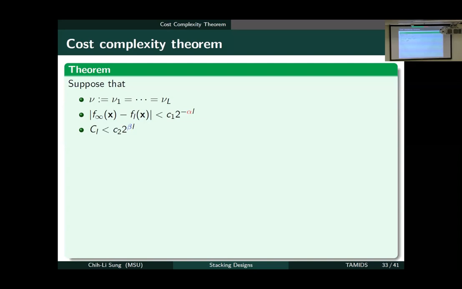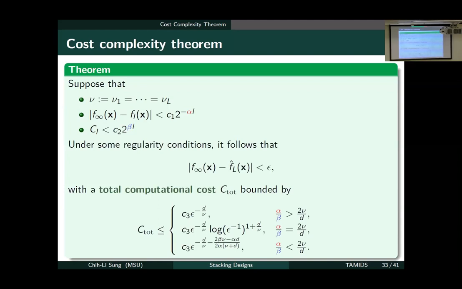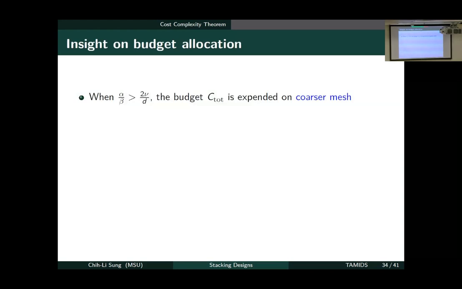You will see that this cost depends on your mesh size, and you have this rate to control the computational cost. Under some regularity conditions, we can make this smaller than epsilon with the total computational cost bounded by this. This looks very complicated, but you see we have conditions here, and that actually makes perfect sense.